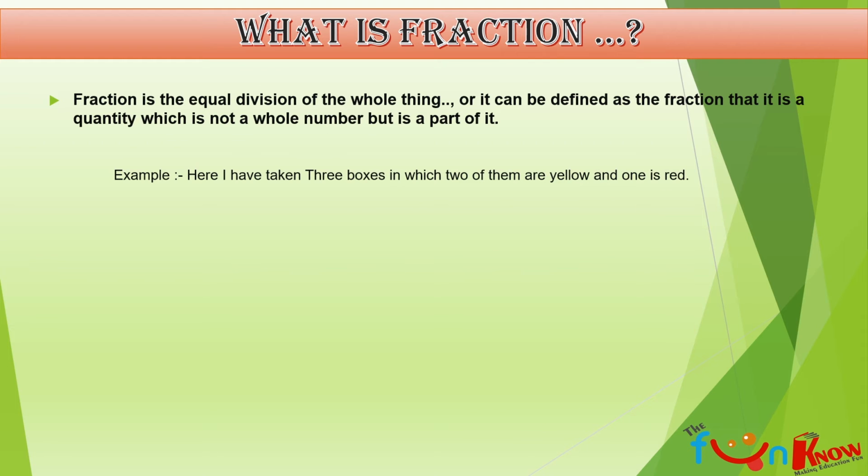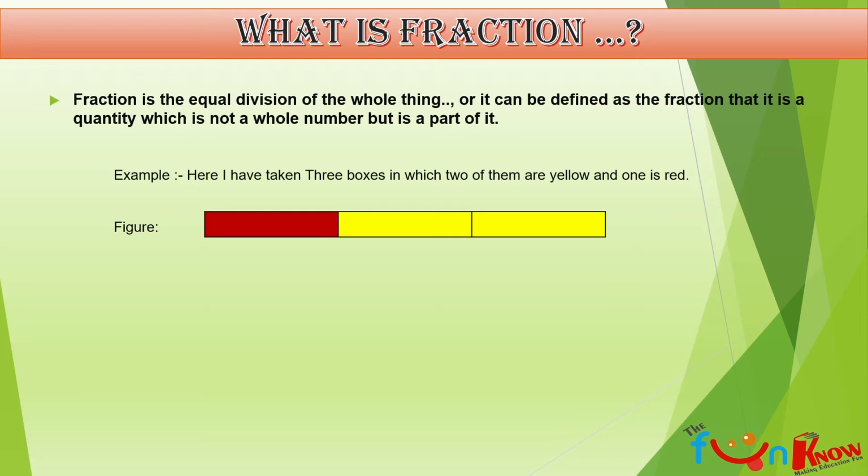Let's have a look at an example, students. Here I'm taking 3 boxes in which 2 of them are yellow and one is red. Let's see with the example figure. Yeah, these are the 3 boxes. 2 of the boxes in this figure are yellow and one is red.